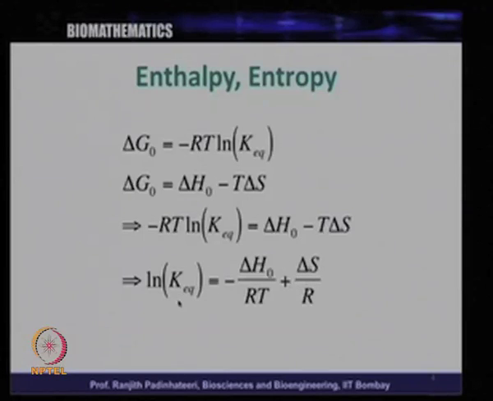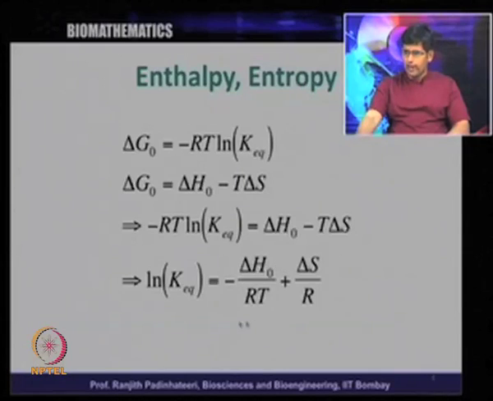So, essentially you get ln K equilibrium is equal to minus delta H0 divided by RT plus delta S divided by R. Combining these two equations, we can rewrite such an equation, which is just simple algebra: ln K equilibrium is equal to minus delta H0 divided by RT plus delta S divided by R.